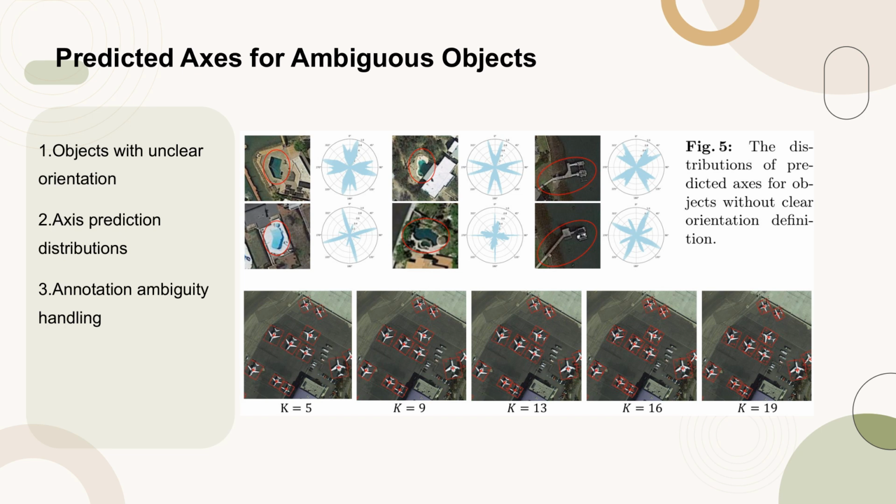Despite the inherent ambiguity in the annotations of such objects, the model is able to learn and predict directional information, covering all possible directions through the distributions. This demonstrates the robustness of the model in dealing with objects of varying directional clarity, and its capability to provide meaningful predictions even in the presence of annotation ambiguities.